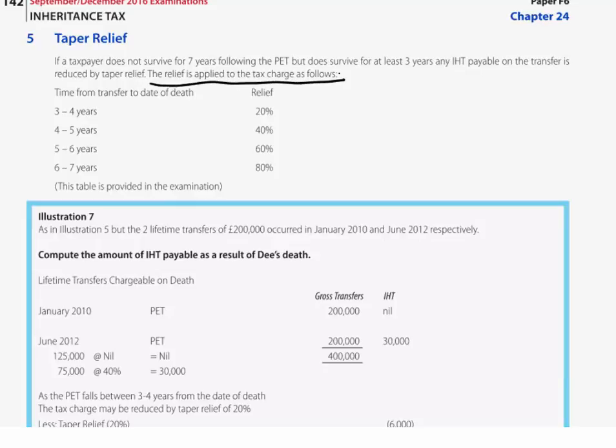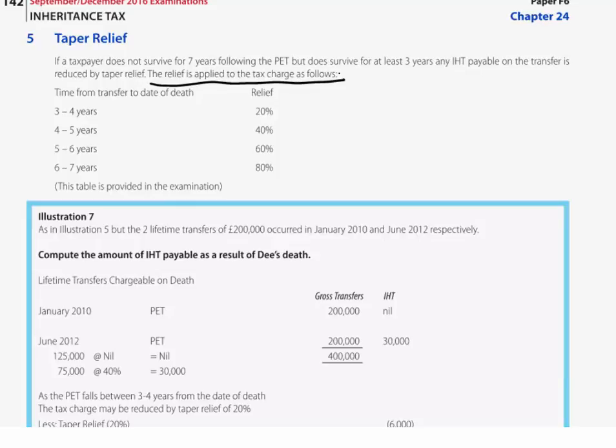The most common mistake made by students is that they reduce the amount of the chargeable transfer, the value of the PET, by the taper relief. No, absolutely not. The taper relief is a reduction in the tax charge. It will only be applicable, therefore, if there is a tax charge, and equally only applicable if you, the donor, manage to survive for at least 3 years from the date of the lifetime transfer through to the date of death.